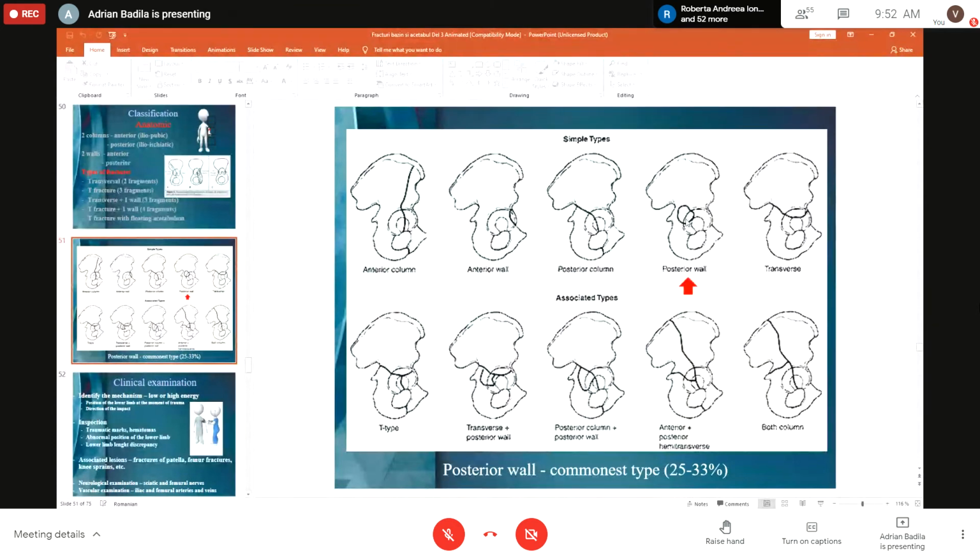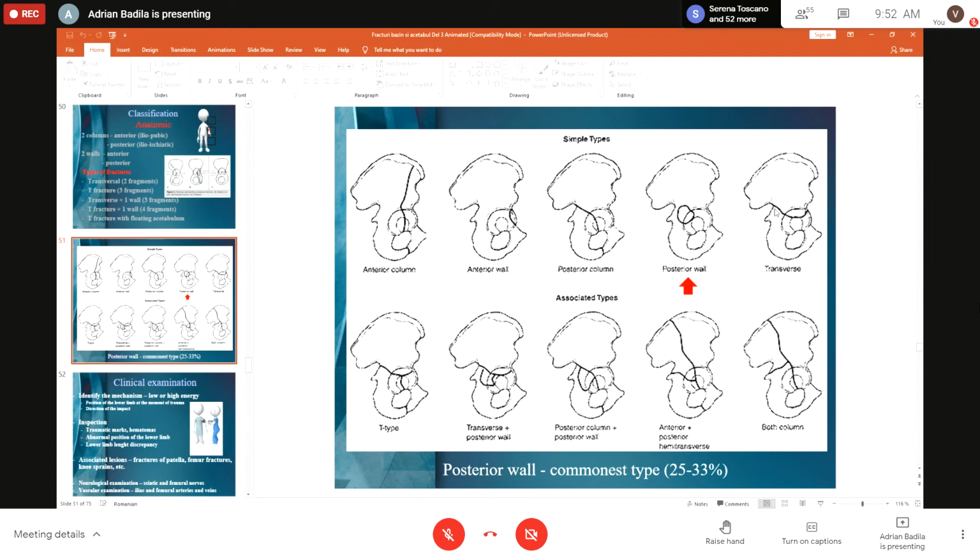This is a fracture of the posterior wall, smaller fractures, smaller fragments. These fractures of the posterior wall are the commonest type. That means around 1/4 to 1/3 of all fractures of the acetabulum.